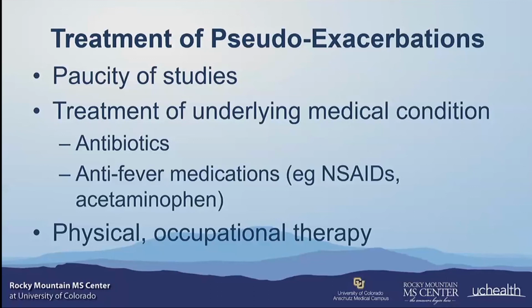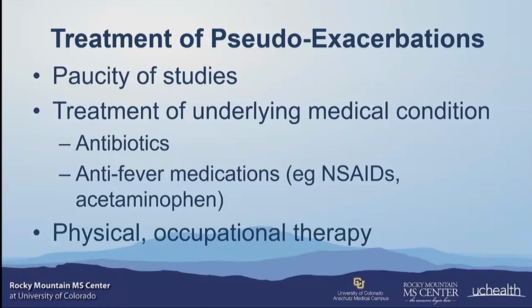Since fever and elevated body temperature is known to make that signal not go through as well, if there is fever present, taking medications like Tylenol or acetaminophen and/or non-steroidal anti-inflammatories or NSAIDs to reduce that fever may also help the neurological symptoms improve faster because the body temperature is lower.